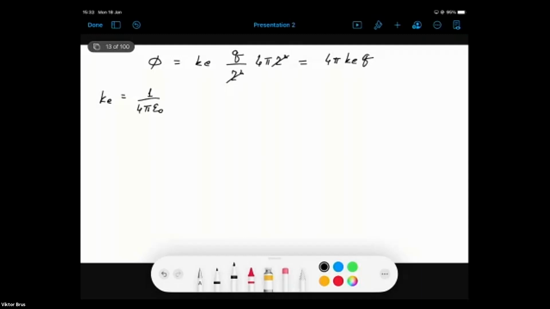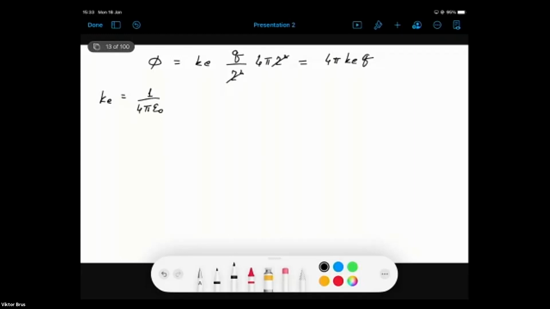Do you remember, guys, what is epsilon 0? What parameter is this? Yeah, permittivity of free space, of vacuum. So it's a constant value, and you need to remember this for sure.